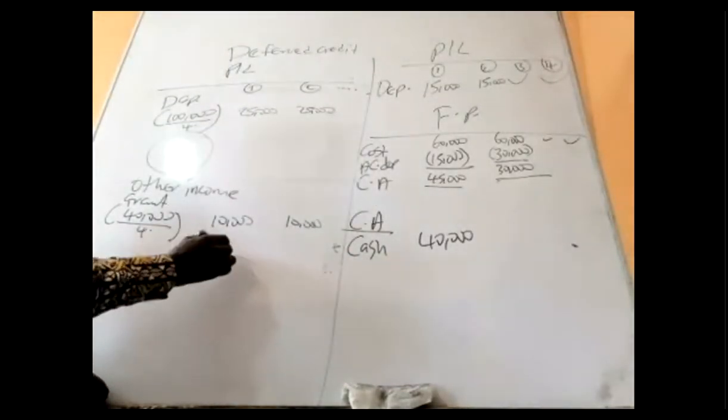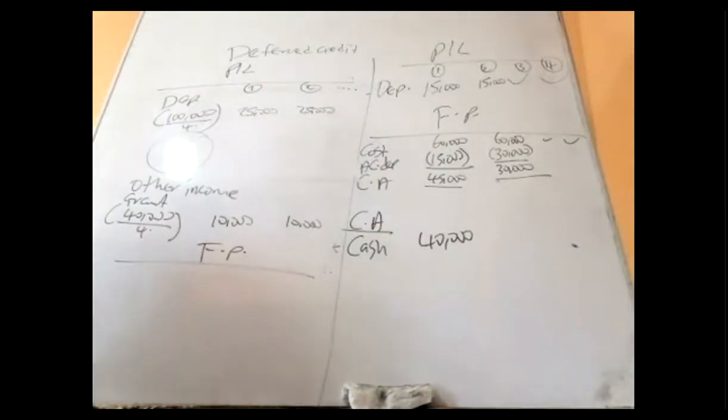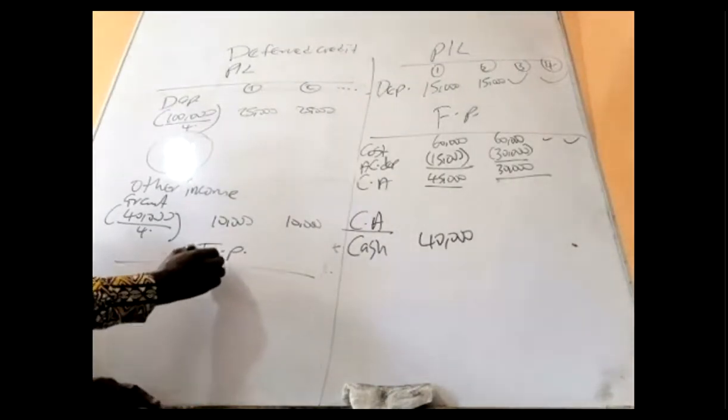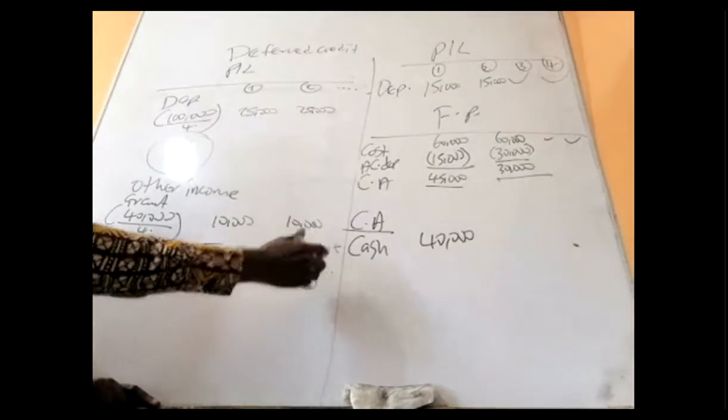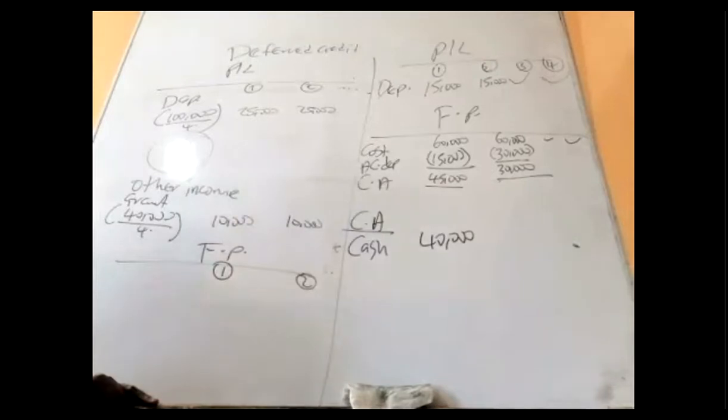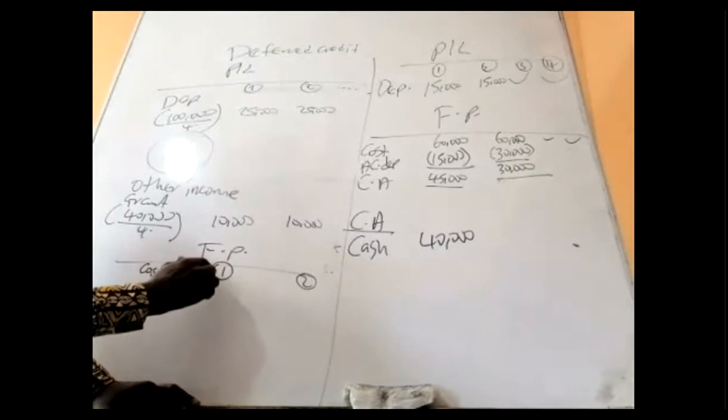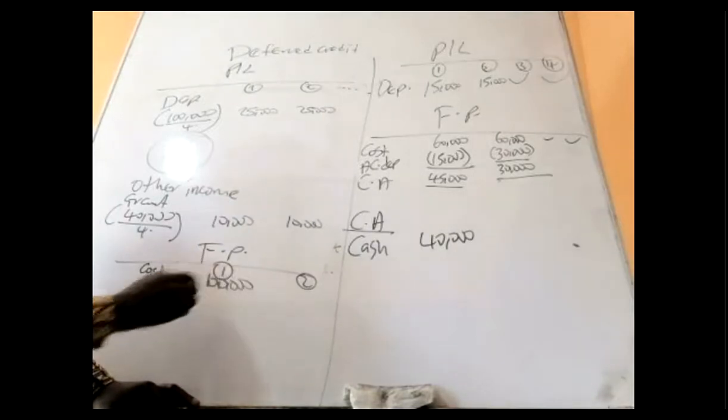Let's go to the financial position, the balance sheet. In the financial position, first, you should find the carrying amount of the assets. I'll do only year 1 and year 2, and we continue with the remaining ones. Now the cost of the asset is 100,000, right? No longer 60,000.